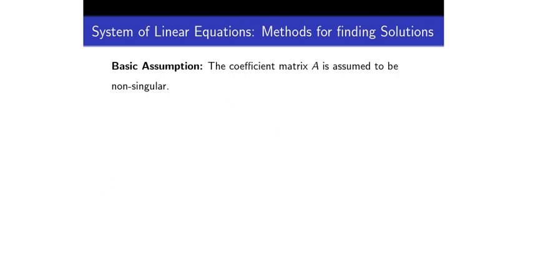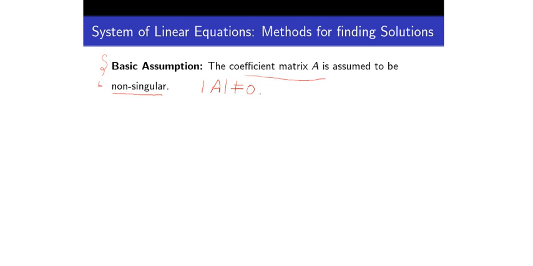So let's see what types of methods are available for finding the solution of such systems. Before starting, we are making a very basic assumption, which is certainly required: the coefficient matrix A is assumed to be non-singular. Non-singular means it is invertible, if and only if the determinant of A is not 0.